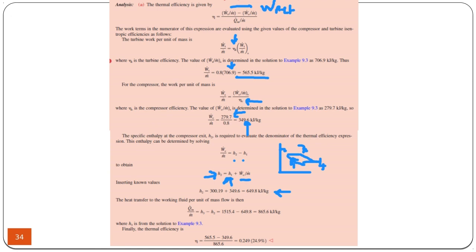So Q in can be calculated from H3 minus H2. And this time you will see that you have a much smaller efficiency of the system, almost 25%, and it was 30-something percent. So the efficiency of the system with irreversibilities is much lower than the previous system, which was reversible, which had a reversible compressor and turbine.